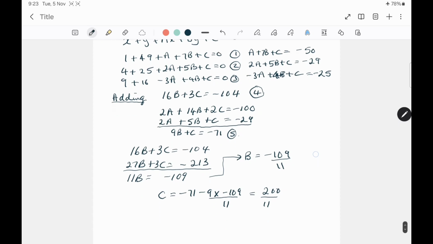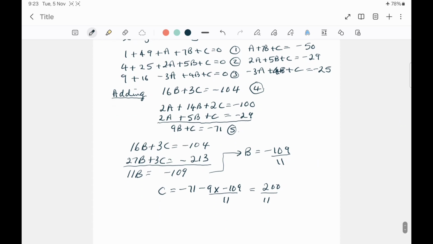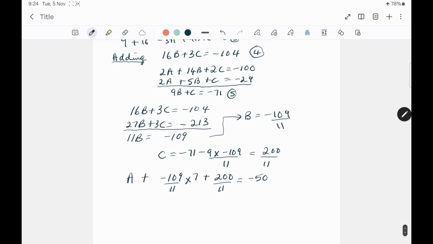Just now remains to find a. Well, let's see. Substitute in any one of those equations, 1, 2, or 3. We get a plus 7b, which is minus 109 over 11 times 7, plus c, which is 200 over 11, equals minus 50. Let's see what that comes down to.